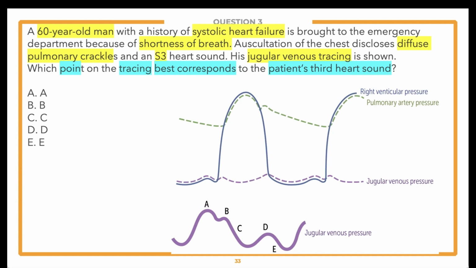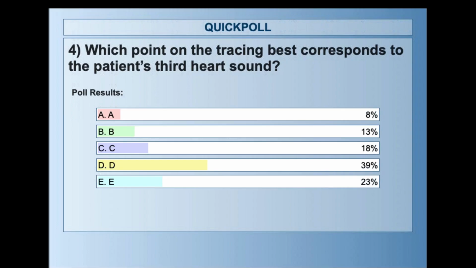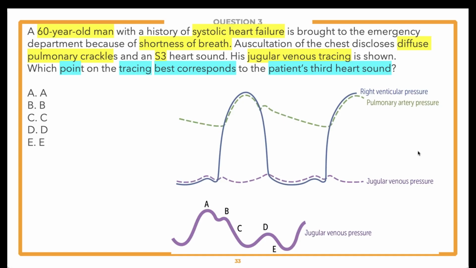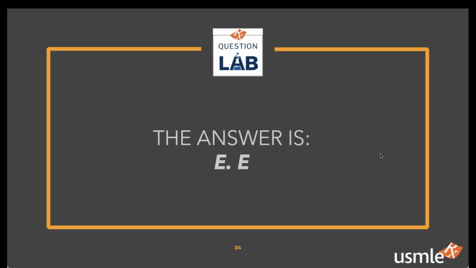Looking at the jugular venous pressure points, the highest vote getter went with answer choice D, with answer choice E and C coming in second and third place respectively. Okay, let's go ahead and hide the results and reveal the answer. And the answer is answer choice E. So, a tricky one.